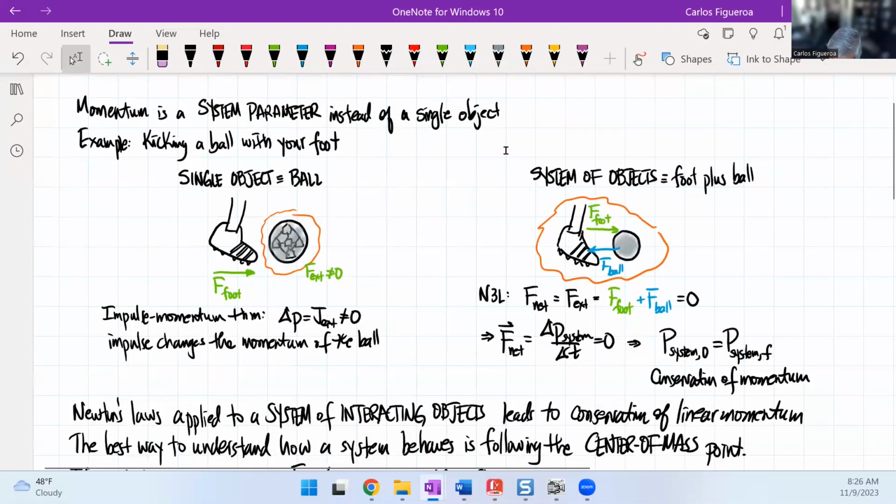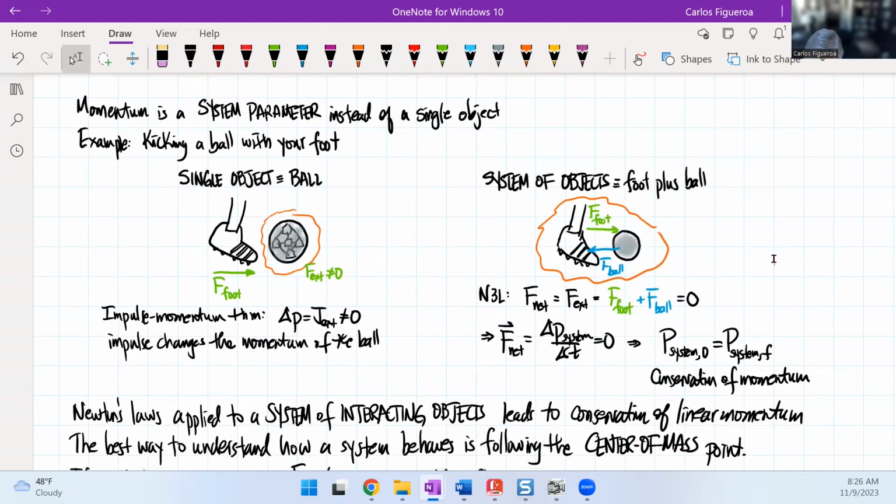On the other hand, we have a systems approach, and this is the power of momentum. This is how physicists use momentum. We look at the system, and by looking at the system, Newton's third law tells us that there's equal and opposite forces, and so therefore the net force on the system is 0. So now the change in momentum is 0 as well, and that tells me that the momentum before and afterwards are the same.